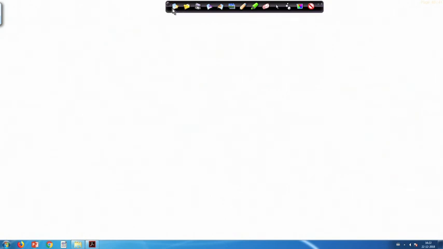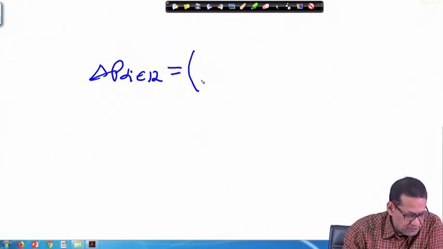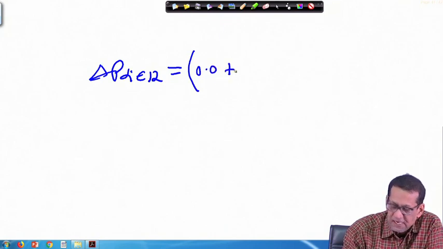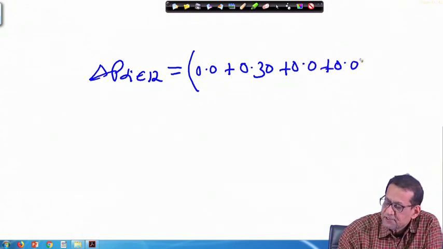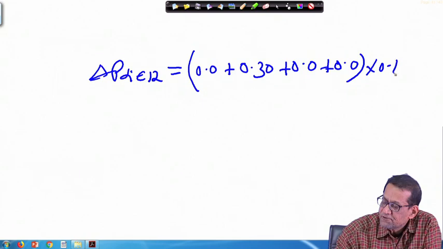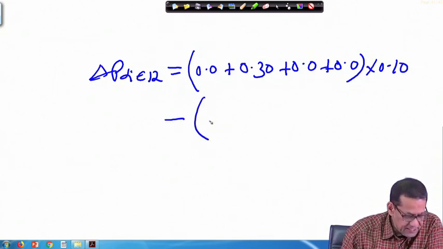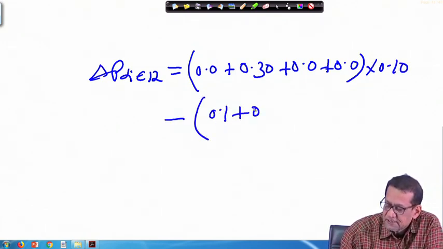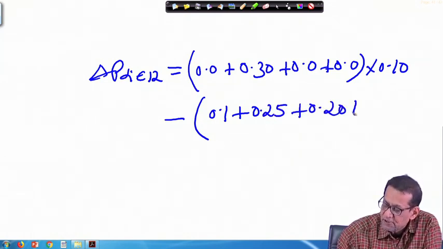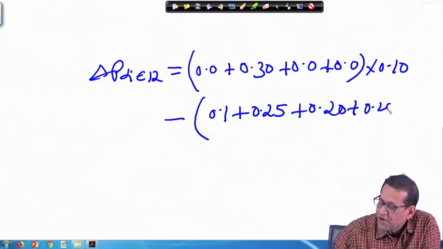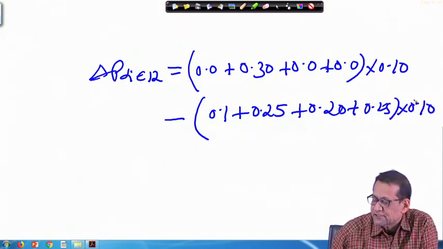If you calculate, then delta p tie 1 2 should be equal to 0.0 plus 0.30 plus 0.0 plus 0.0 into 0.10, minus, 0.1 plus 0.25 plus 0.20 plus 0.25 into 0.10.